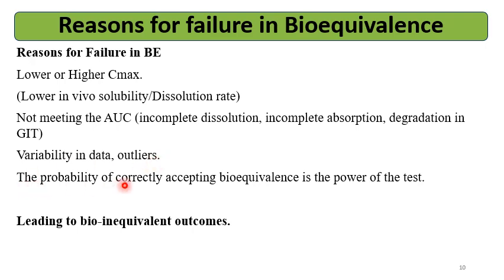The probability of correctly accepting the bioequivalence is the power of the test. If the bioequivalence test is not showing sufficient power, then the failure or passing criteria cannot be assessed, and all these factors lead to bioinequivalent outcomes.